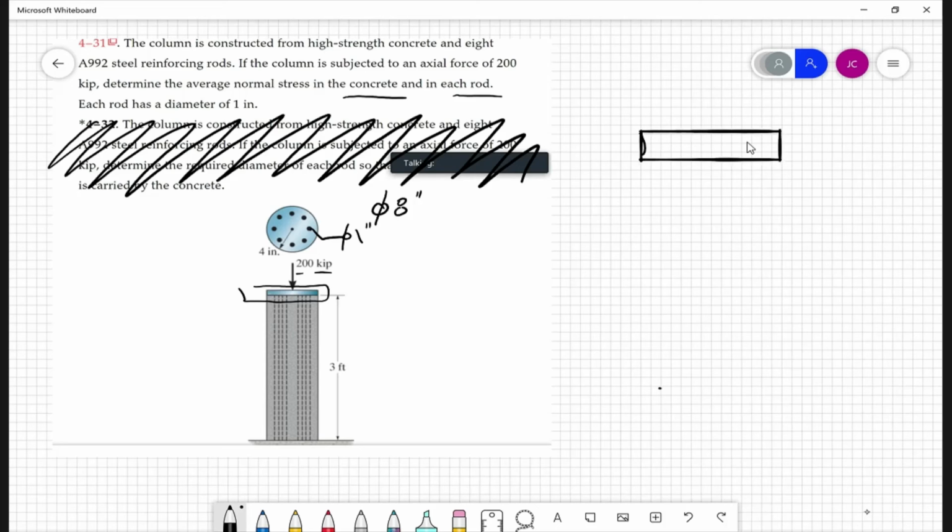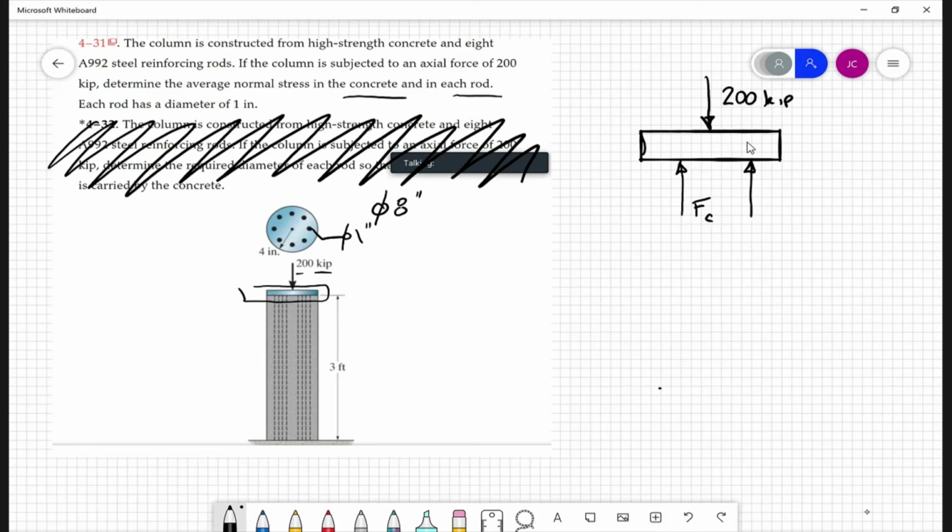Acting down on the top plate is the 200 kip force. Now, what balances that? You have a force from the concrete, and you also have a force from the steel rods.